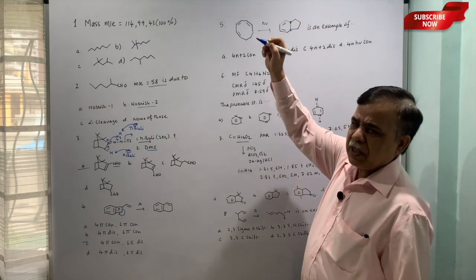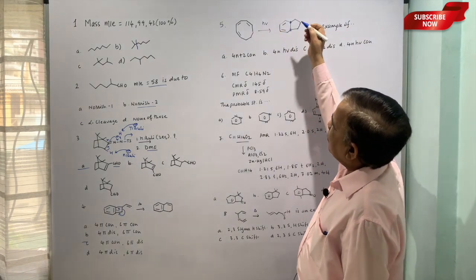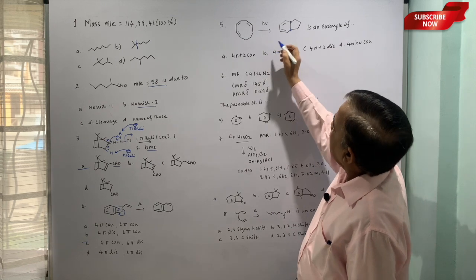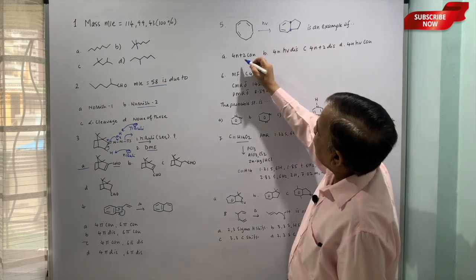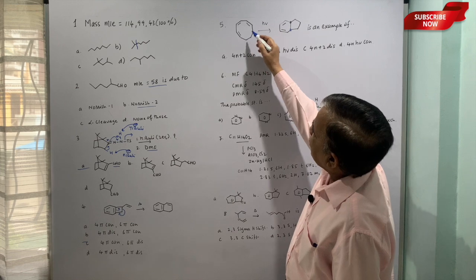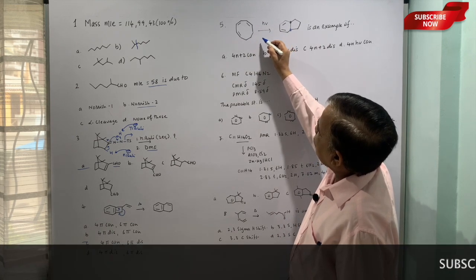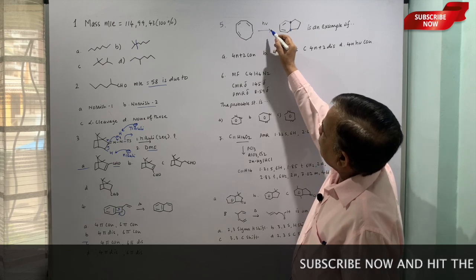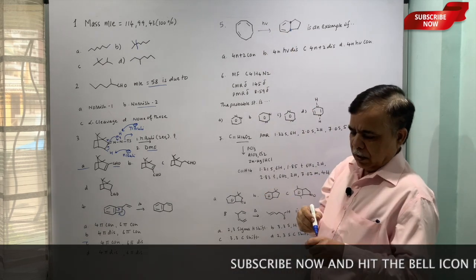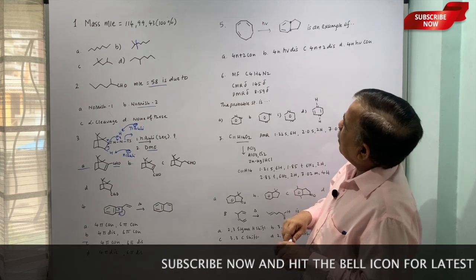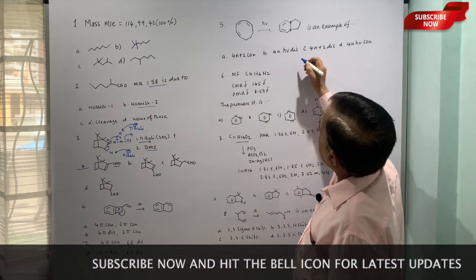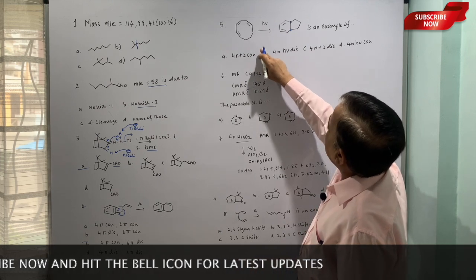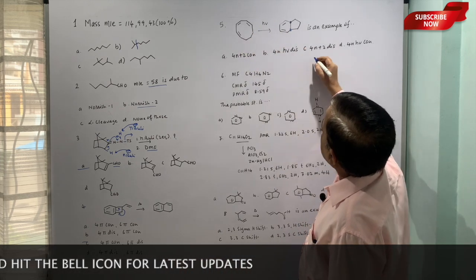Two dots means cis, one dot means trans, or else methyls or hydrogens would be given. Now this is 4n plus 2 photochemical.